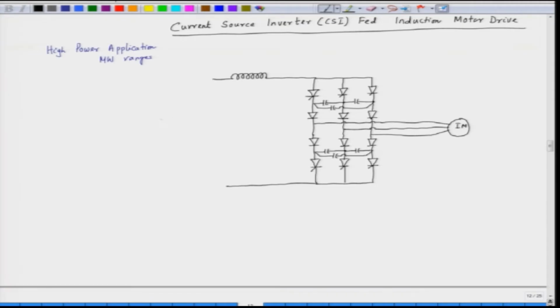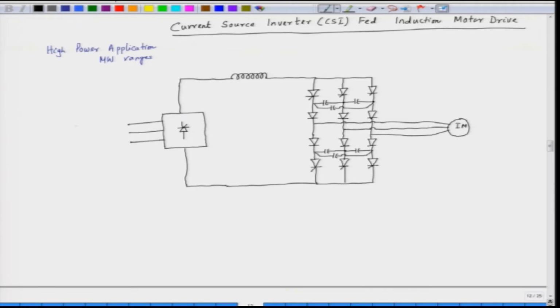On the input side, we have a converter bridge, which I am just showing in terms of a block diagram. It is a 3-phase full controlled converter.